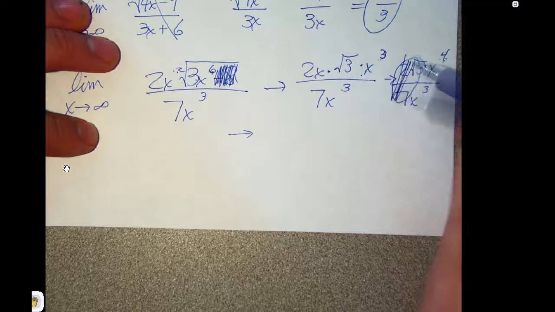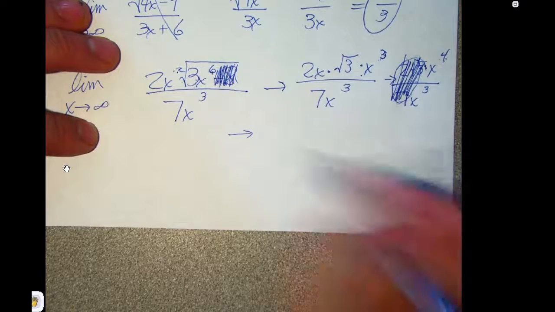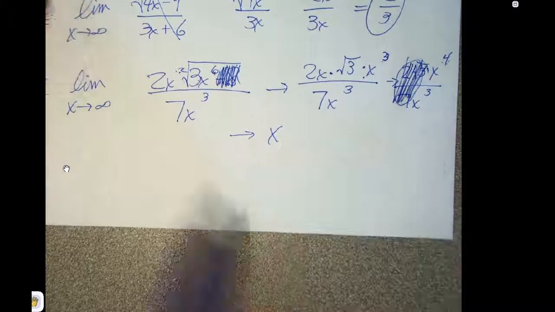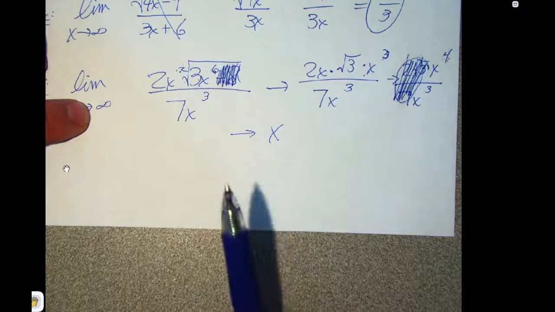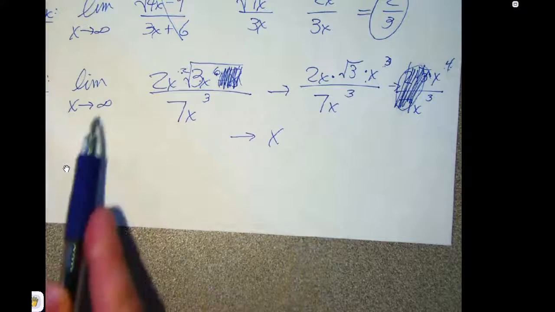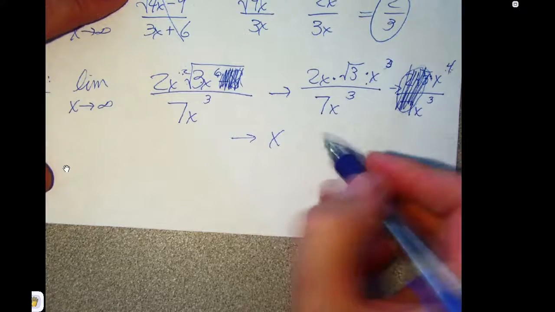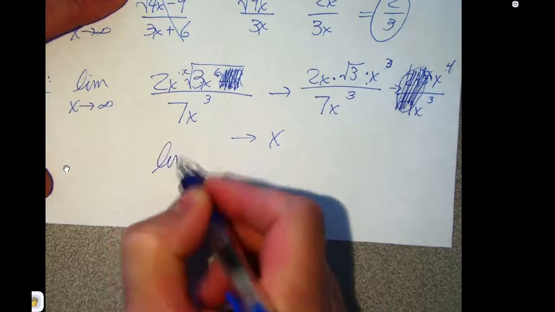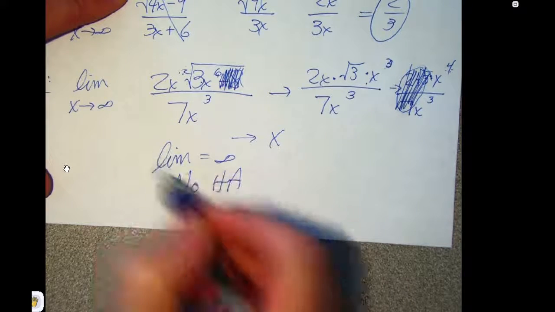Cross those out. Reduce x to the 4th over x to the 3rd, what do you get? x. If I plug infinity into x, what do I get? Infinity. If the question were negative infinity, though, and I'm plugging negative infinity into x, what do I get? Negative infinity. So it could go either way depending on the question.